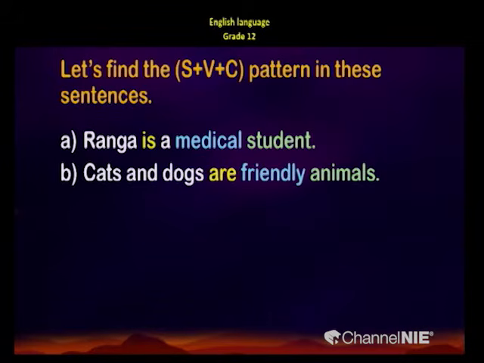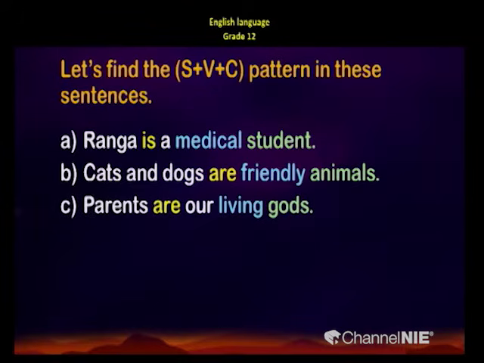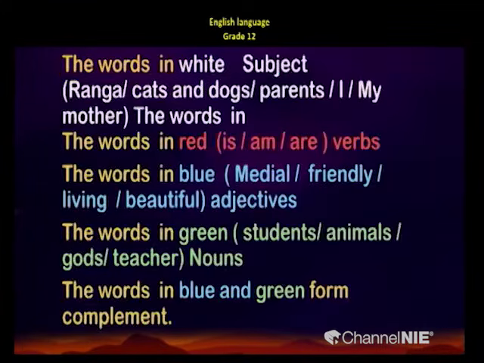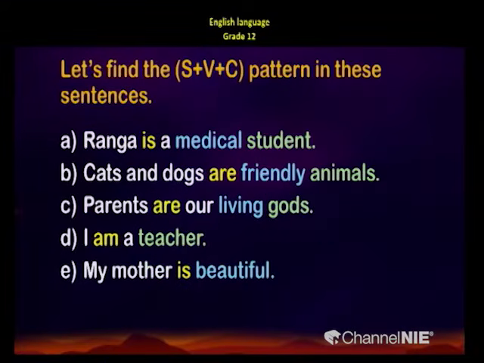Cats and dogs are friendly animals. Parents are our living gods. I am a teacher. My mother is beautiful. Right. Then in these sentences, you can see verbs are in yellow color: is, are, and am.